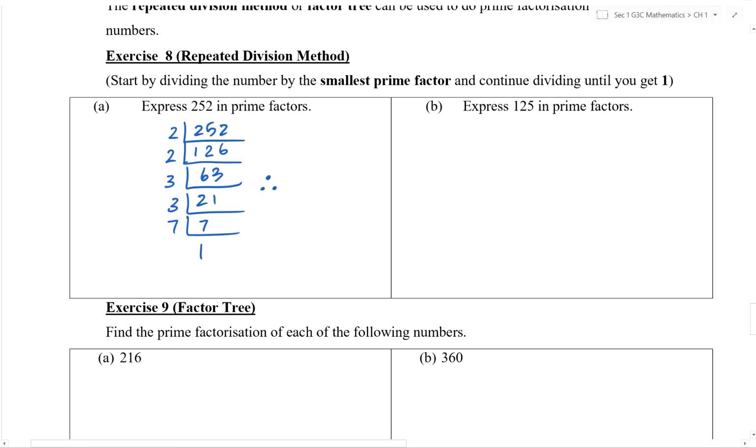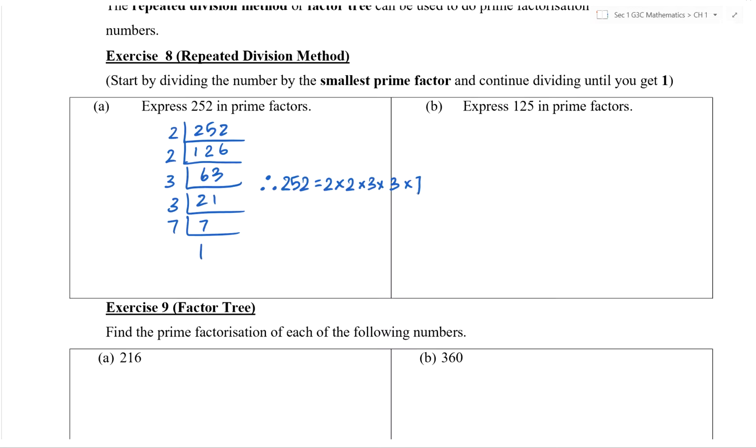So, my symbol over here appears again. So, 252 is equals to 2 times 2 times 3 times 3 times 7. Okay? Do I need to put times 1? No need.